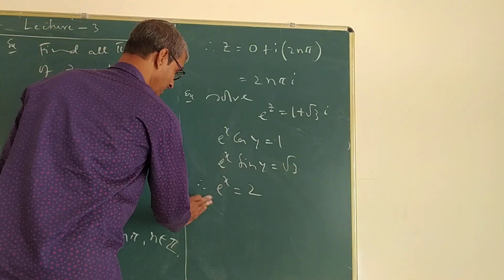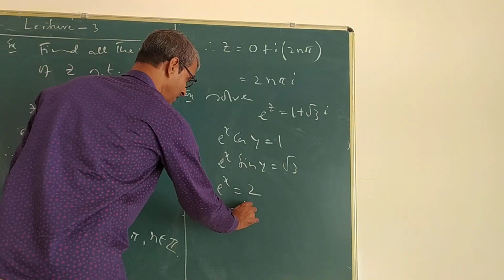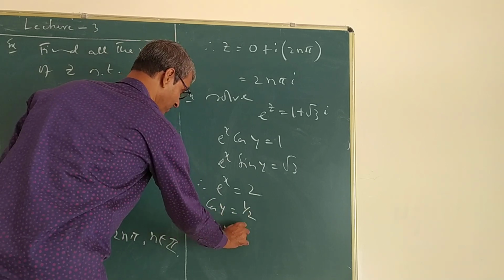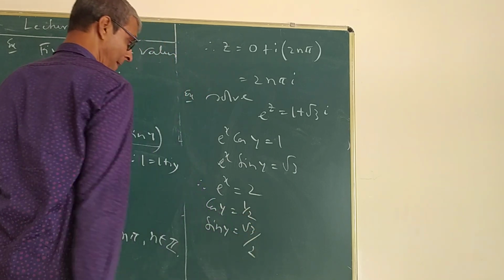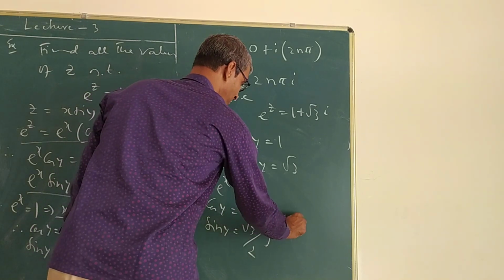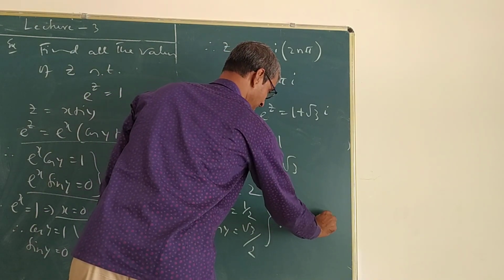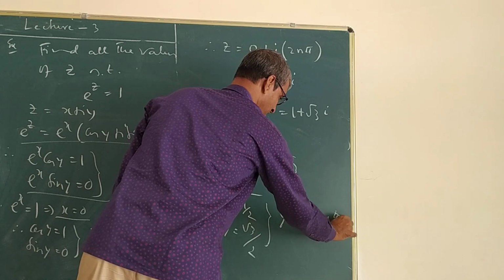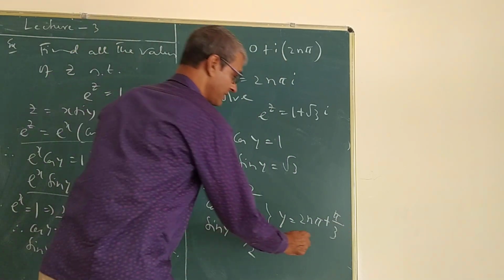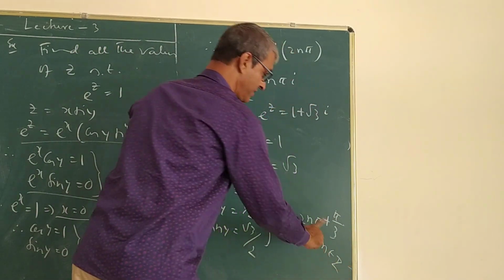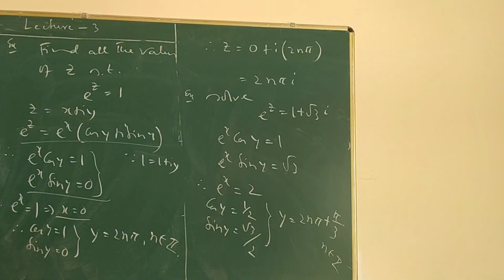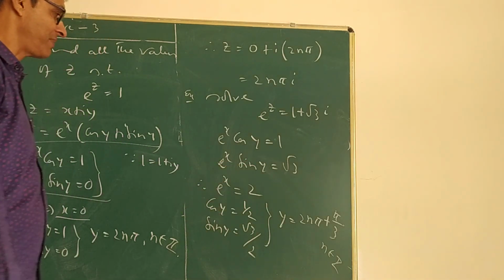From this you will get cos y equal to half, sin y equal to root 3 by 2. Solving these two, y will be the general solution of the trigonometric equation, so y equals 2n pi plus pi by 3, where n is an integer.